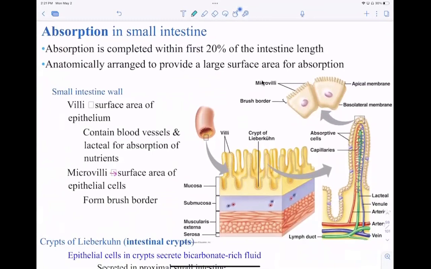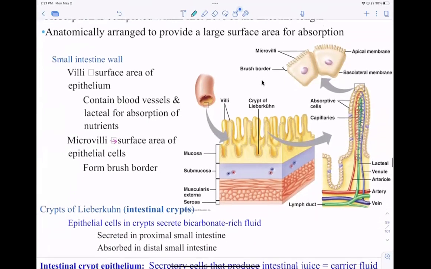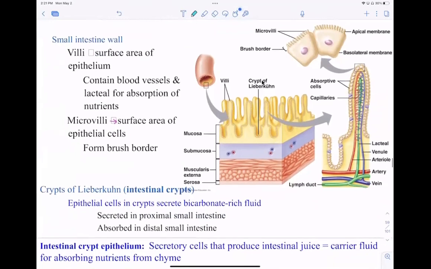Most of the absorption of nutrients and substances is within the first 20 feet of the intestines, but the more fiber and the harder it is to extract the nutrients away from the undigestible foods that we don't have enzymes for, the longer it stays in your intestines before getting absorbed.